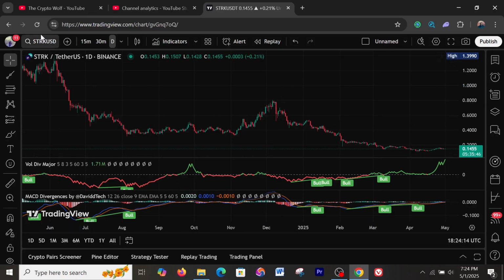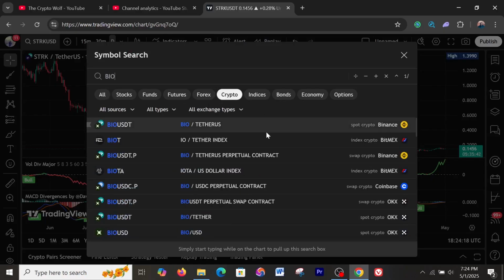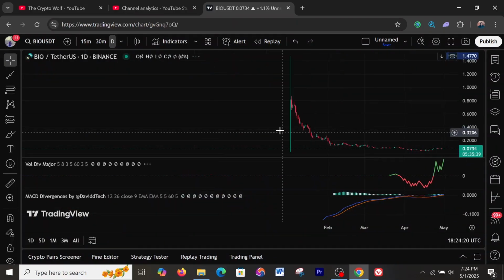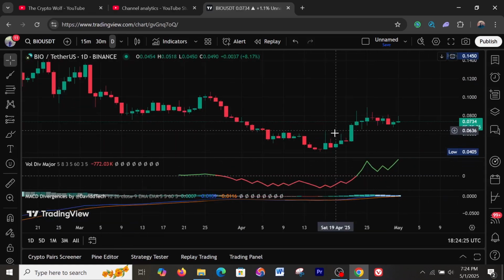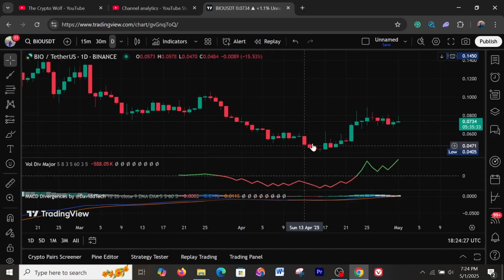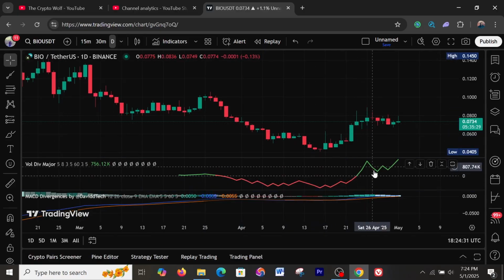So then the last token, and it basically meets the conditions: trend line break, kind of a retest, then a spike to the upside, bullish territory for volume.